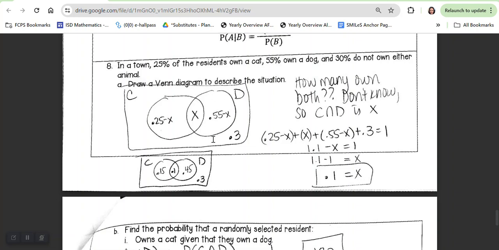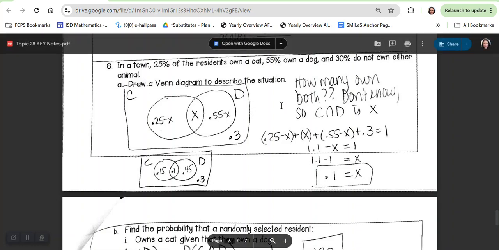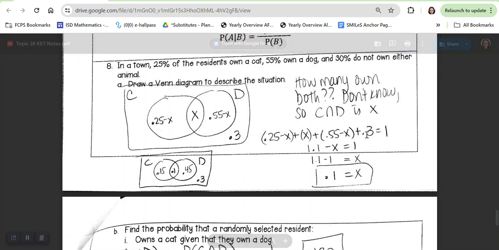So one way to do it is if we know this whole circle is 25 and we call the overlap x, then what's left over here on the left is 0.25 minus x. And what's left over here is 0.55 minus x. And then if we know that all the probabilities have to add up to 100%, which is 1, you can add all of these expressions up and you can solve for x.